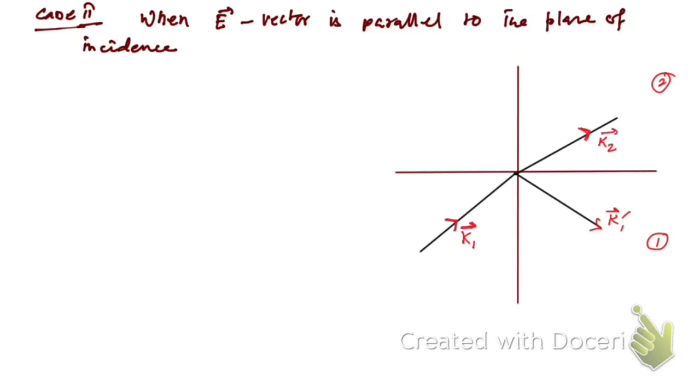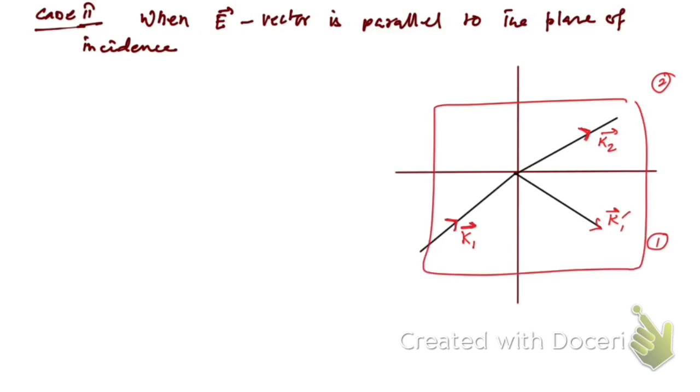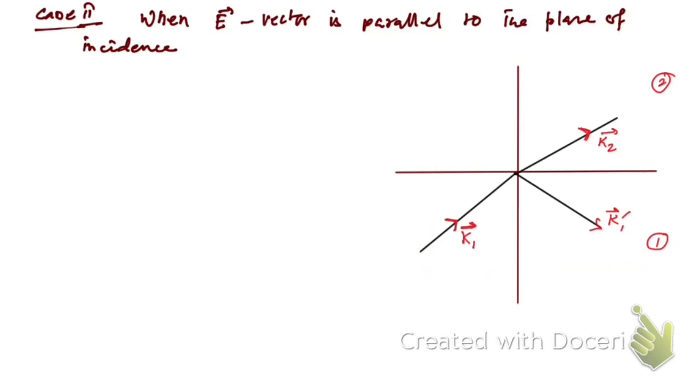So here you see, in this case, the electric field is parallel to this plane. This is the plane of incidence. This is the electric field. So associated with the incident wave is E1 here, and here E1 dash is the electric field associated with the reflected wave.